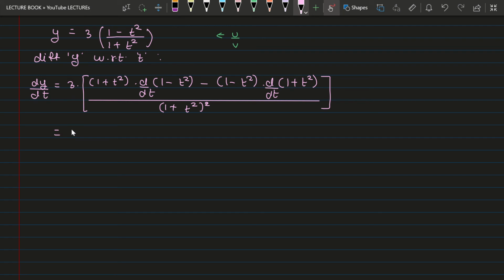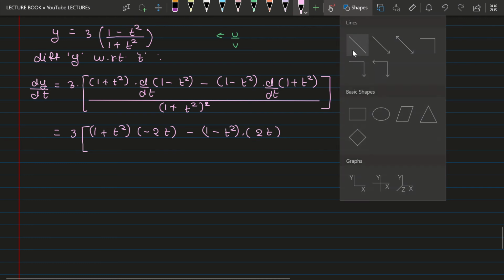Once again students, this 3 remains as it is over here. 1 plus t square is outside the derivative sign. Derivative of 1 is 0. Derivative of t square is 2t. So 0 minus 2t is going to be minus 2t. Minus 1 minus t square, and in the bracket derivative of 1 is 0 and t square derivative is 2t.